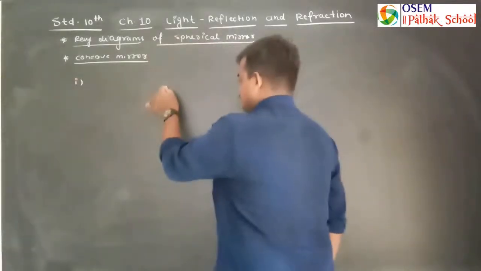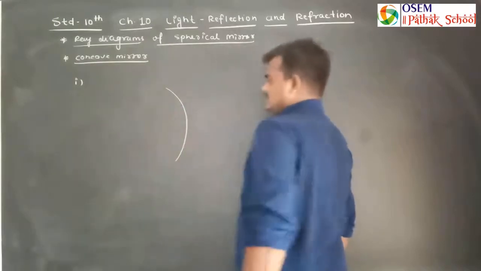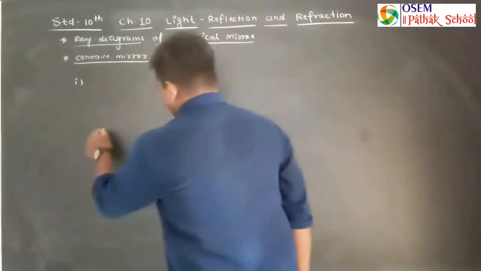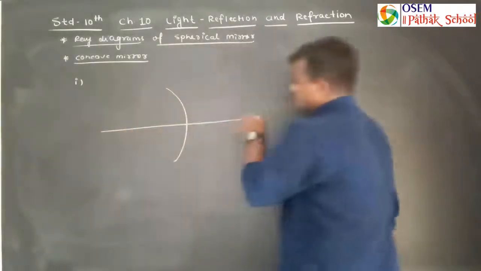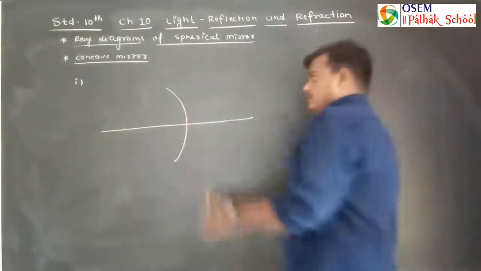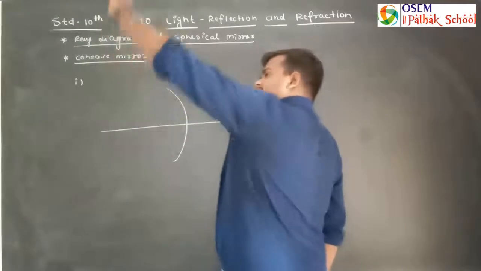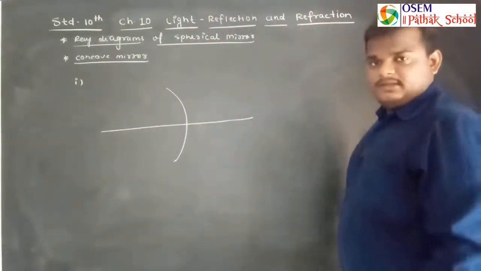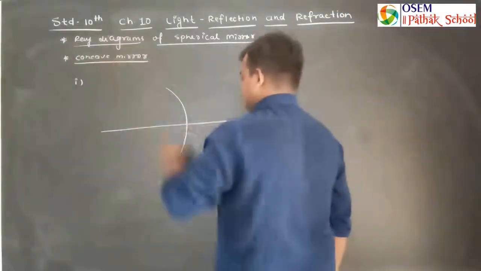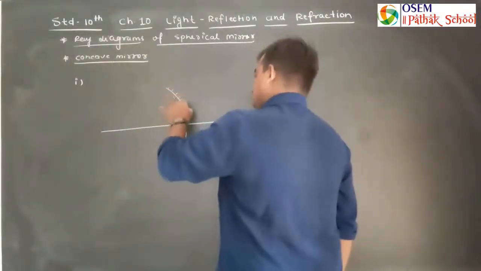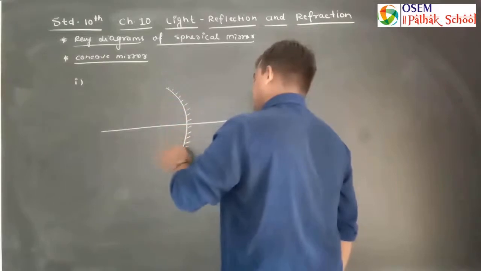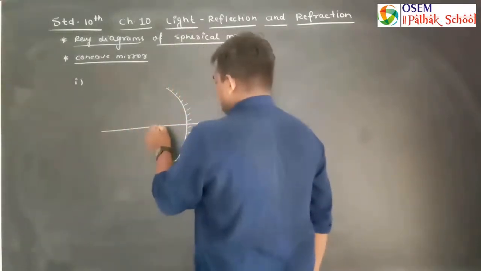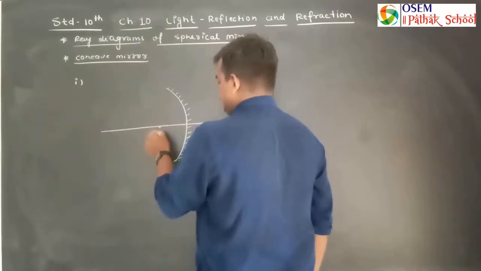This is our concave mirror, this is our principal axis, and the object is placed at an infinite distance, the farthest distance available. The internal surface is reflecting. Suppose this is our principal focus, capital F.